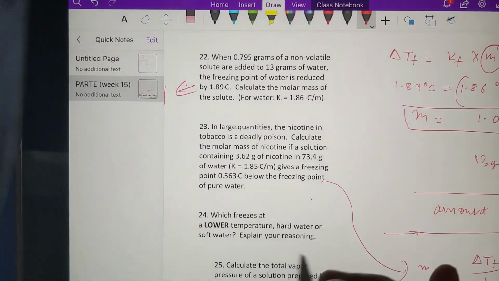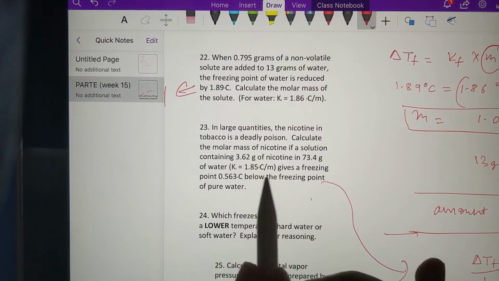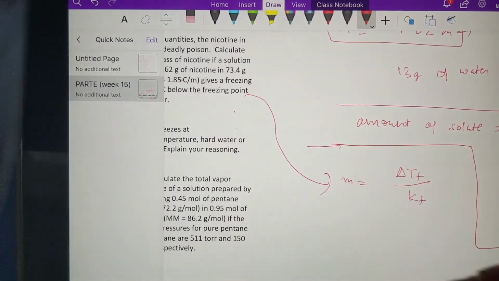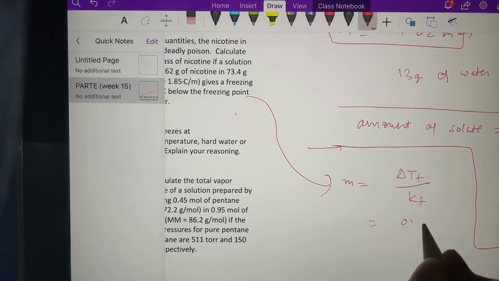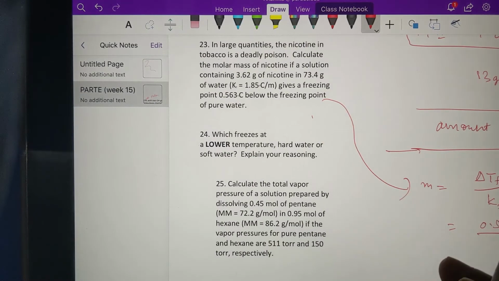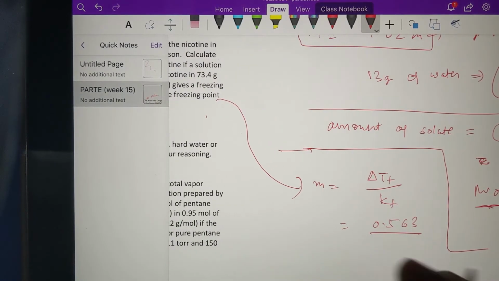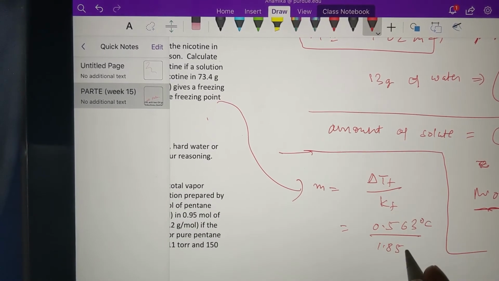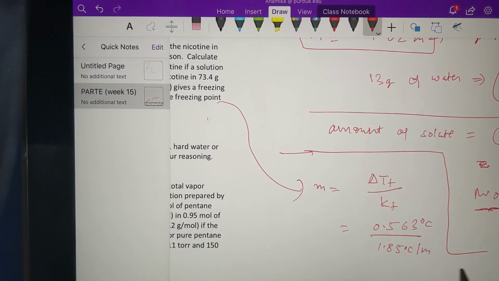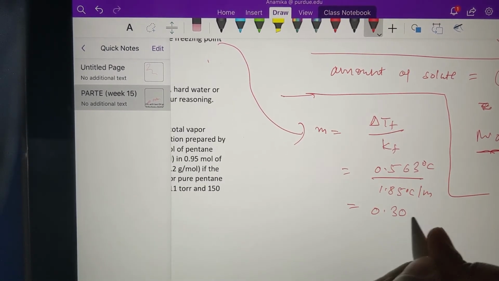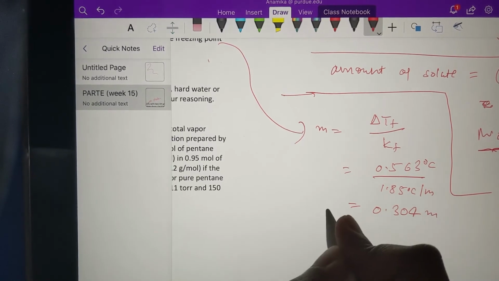So it's going below 0.563, and Kf is 1.85. So which is 0.304 m.